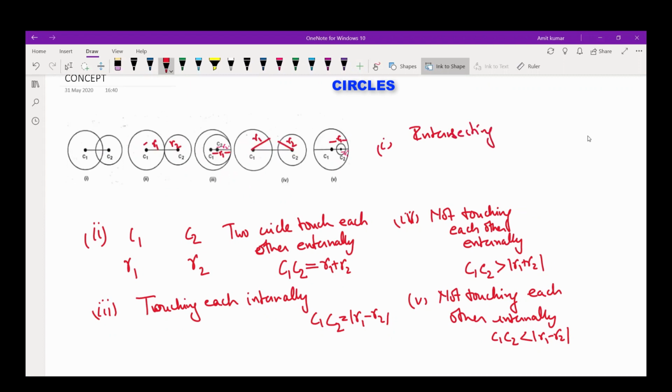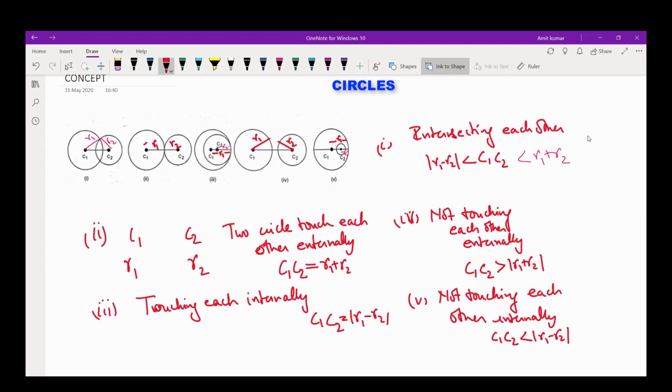If two circles are intersecting each other, then in that case C1C2, that is the distance between the two centers, is less than R1 plus R2 and is greater than mod of R1 minus R2, because the difference between the two radii is very small here. So intersection is the condition in which the distance between the two centers, C1C2, lies in between two values.